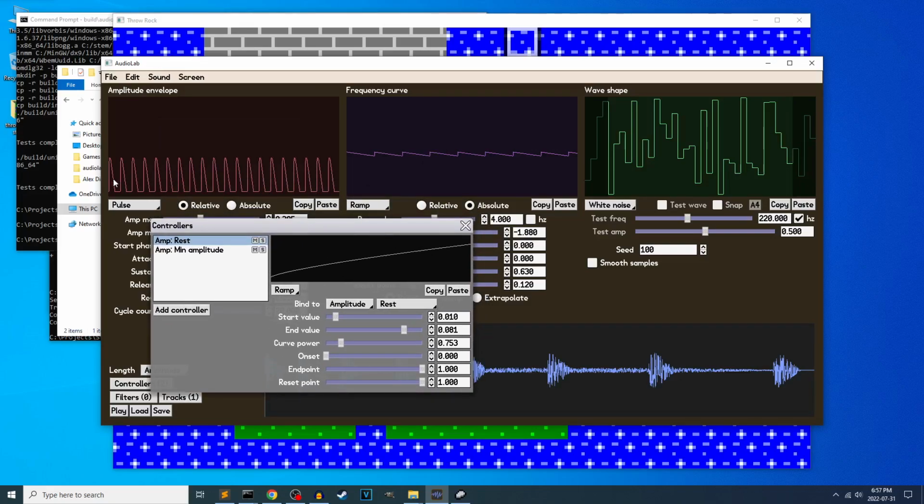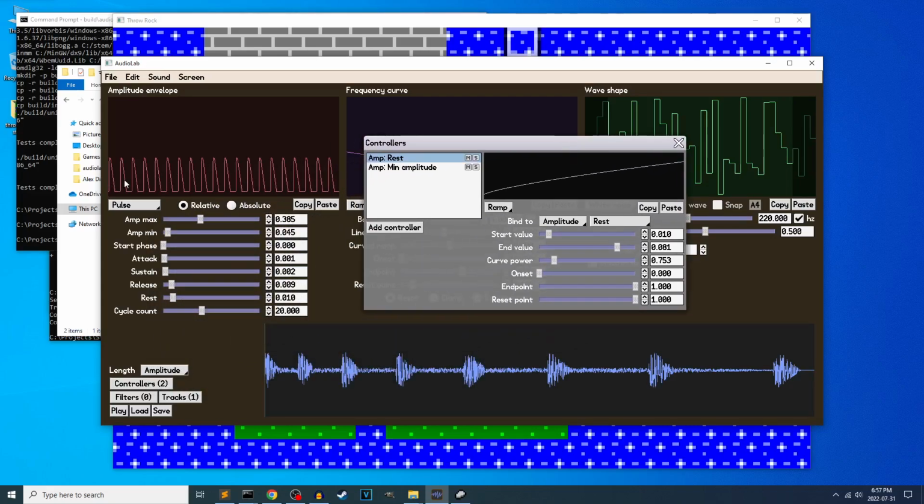I don't unfortunately have yet in Audiolab the capability of showing on this graph what happens when a controller acts on its parameter. But if I mute this, that's what it would sound like with just that pulse amplitude envelope.